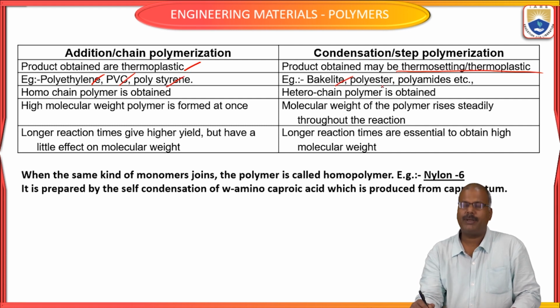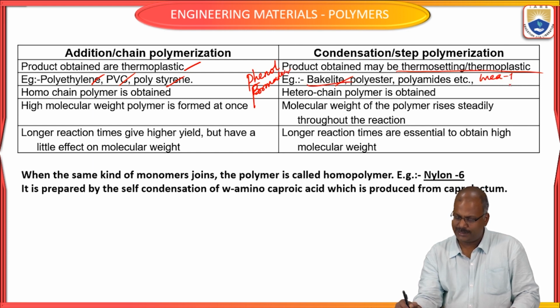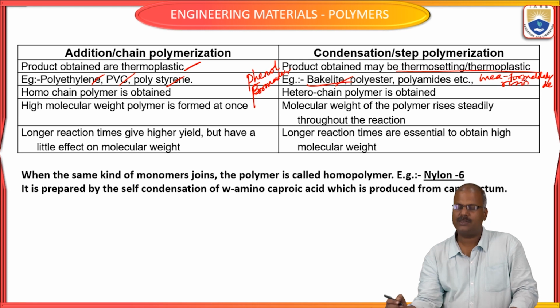Condensation: bakelite. Sorry, bakelite is phenol formaldehyde. Phenol and formaldehyde are the monomers for bakelite. Urea formaldehyde resin is also there separately. Urea formaldehyde resin, a thermoset, is also an example.